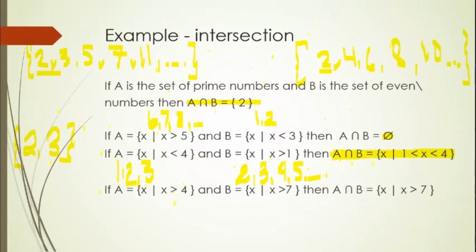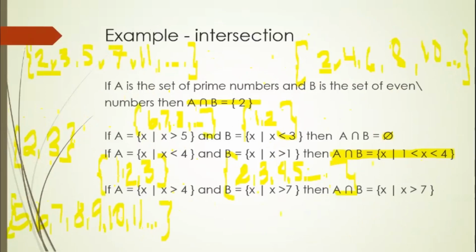What about this one? X greater than 4. So we begin writing the numbers from 5, 6, 7, 8, 9, 10, 11, up to dot, dot, dot. Okay, so let me complete that.